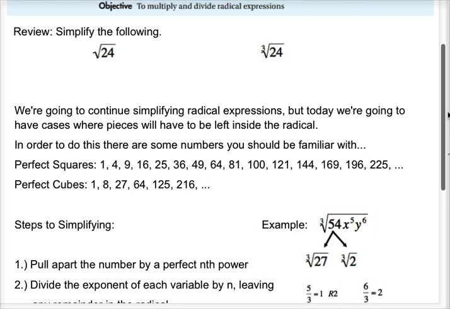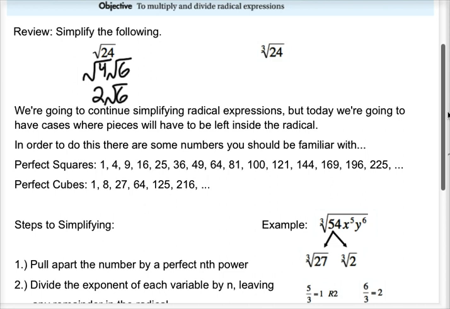If you're looking at the power roots chart under the second power column, you can see that 4 is a perfect square. And in fact, that is the largest perfect square that goes into 24. So I can split up my 24 into 4 times 6. And then, as you know, the square root of 4 is the number 2. So this would simplify to 2 square roots of 6.